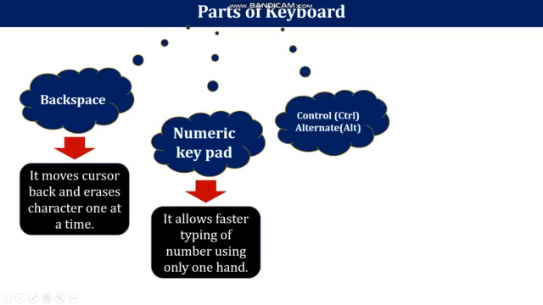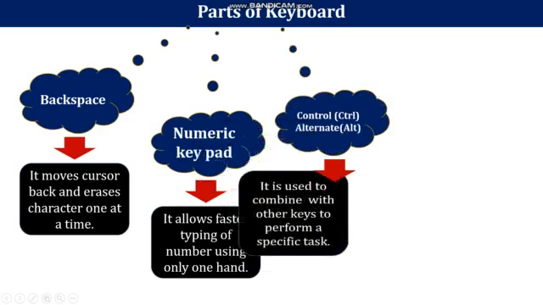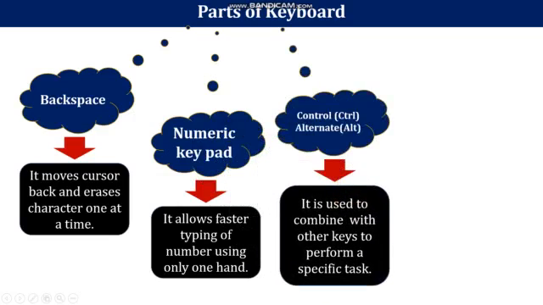Now next is control or alternate. Control or alternate is used in combination with other keys to perform a specific task. जैसे control plus C we use to copy, control plus P we use to print, है ना, likewise.